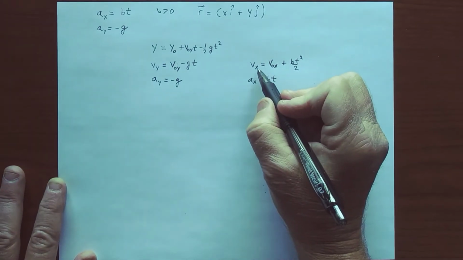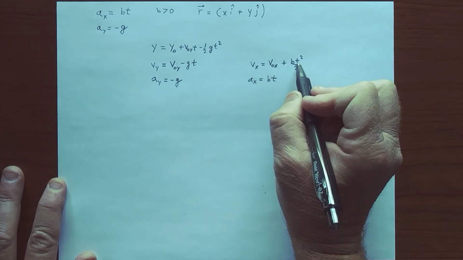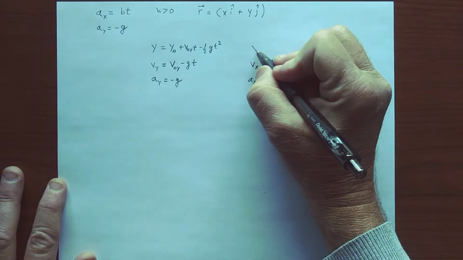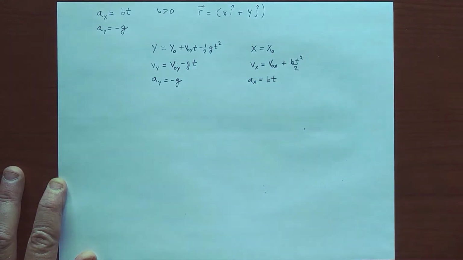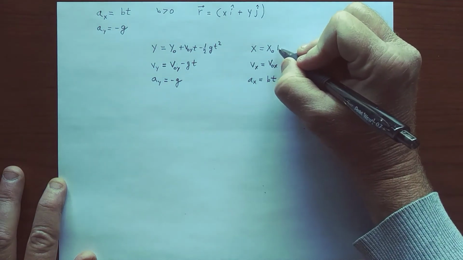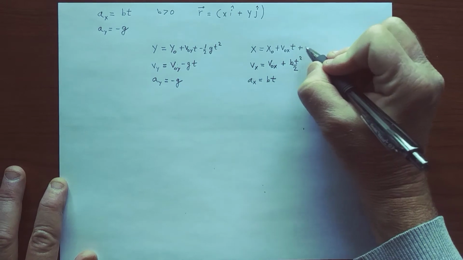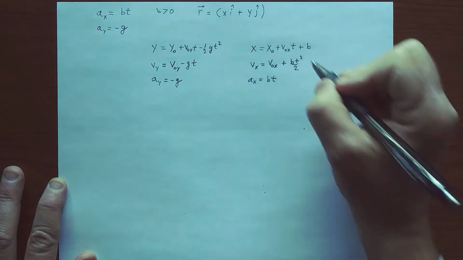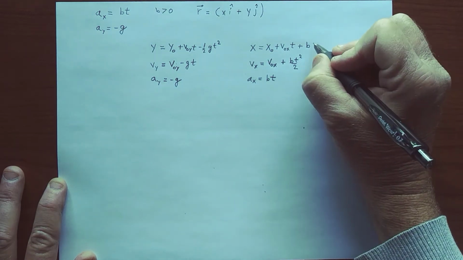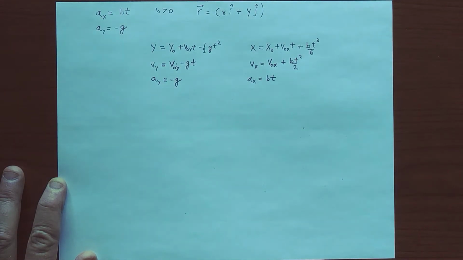So the velocity in the x direction is increasing in time at a rate of t squared, and then we integrate to get the position. We have the usual constant of integration, which brings in the x naught, plus v naught x t, plus, we have to integrate this. The integral of t squared in time is t cubed over 3, so we get a t cubed over 6 there, and these are the kinematic equations for the object.